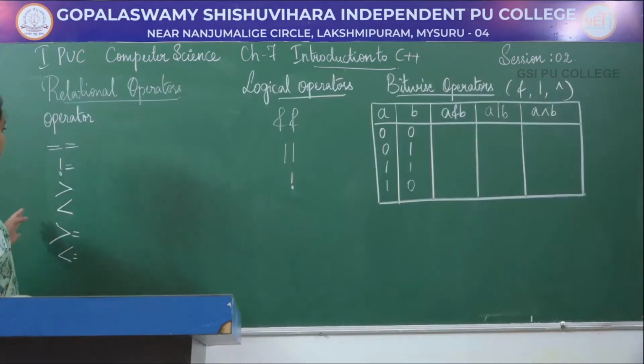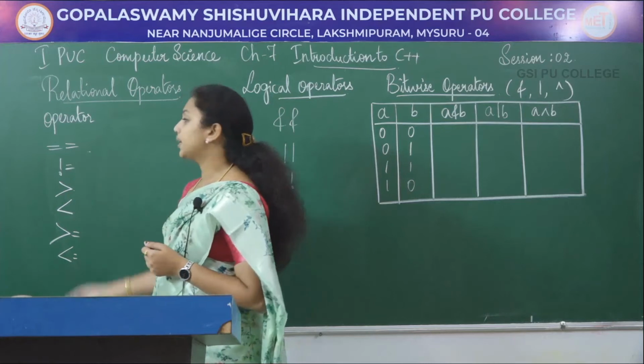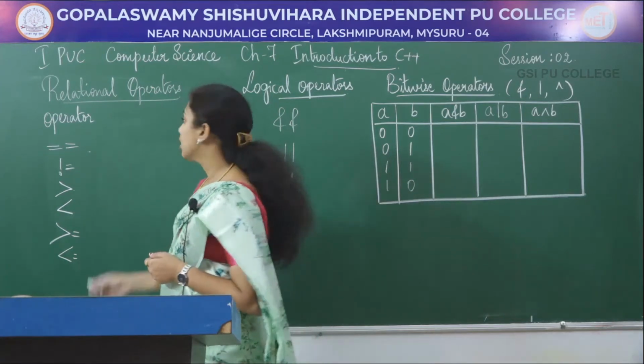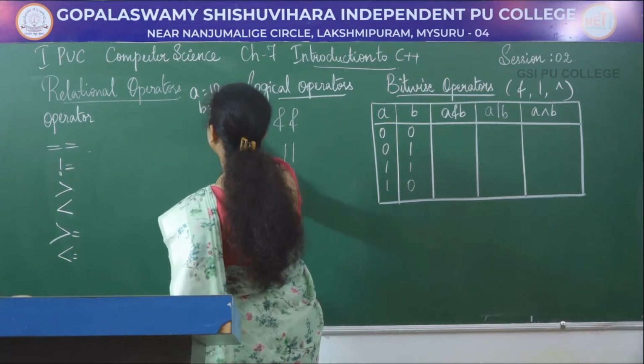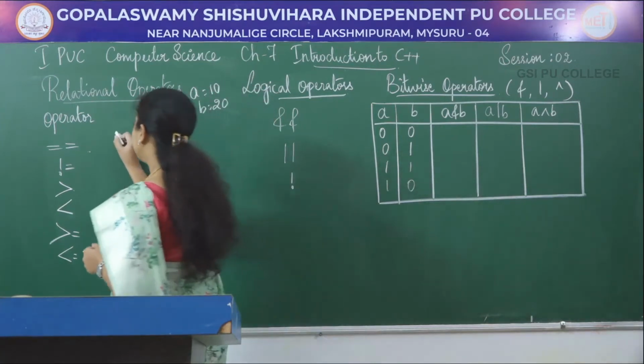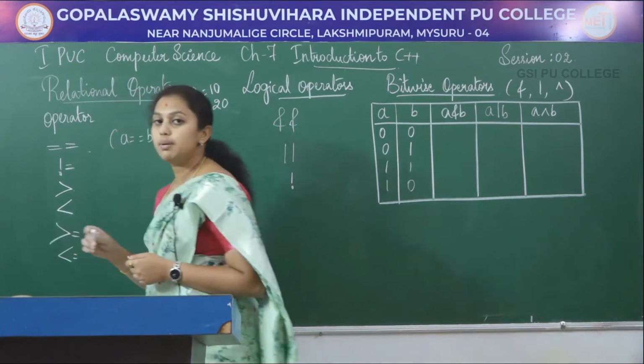The relational operator == checks if the values of two operands are equal or not. For example, consider a is equal to 10 and b is equal to 20. If I write a == b, what will be the output?